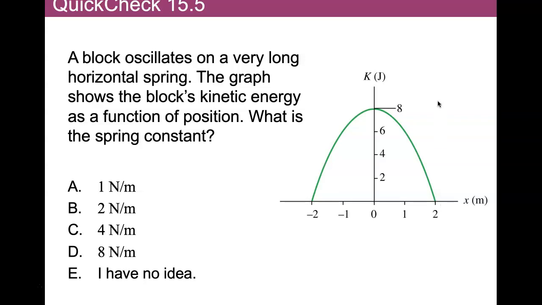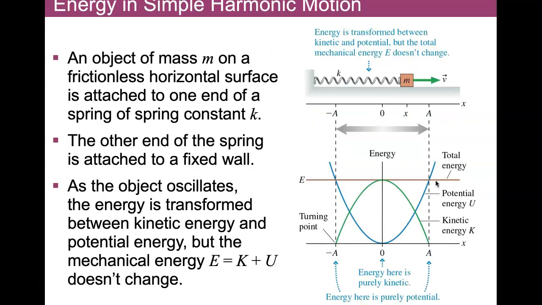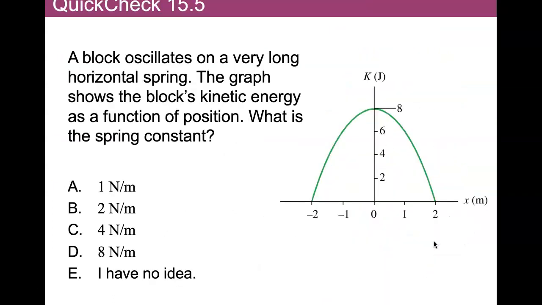It occurs here and here. Going back to this figure, you see the maximum potential is at the amplitude. So we're going to have 1/2 k times a, which is 2 meters, squared, equal to 8 joules, right? So 2 squared is 4 times 1/2 is 2. Therefore, 2k should be 8 joules, and the correct answer is 4 newtons per meter.